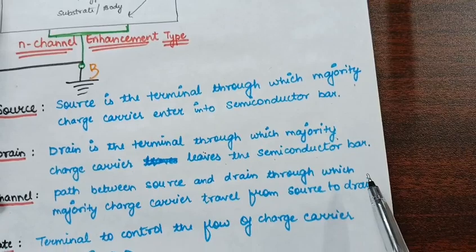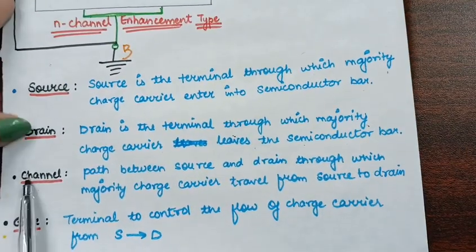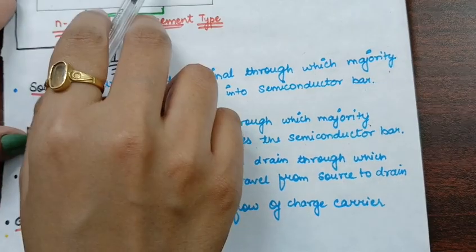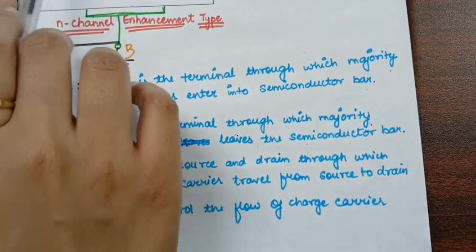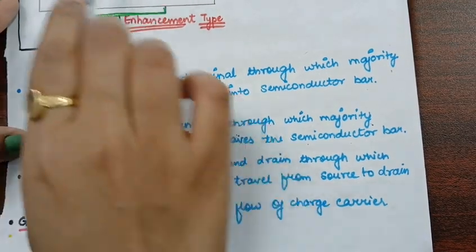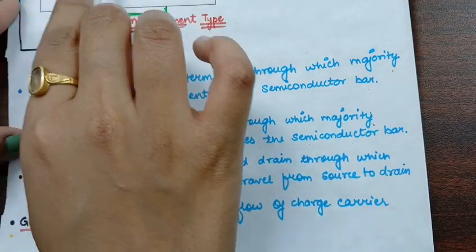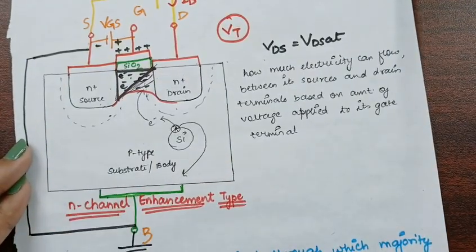Okay. Now the channel. What is a channel? Channel is a path between the source and the drain through which the majority charge carriers travel from source to drain. What are the majority charge carriers? Here the majority charge carriers are holes. So holes are moving from source to drain, and the electrons are moving from drain to source.